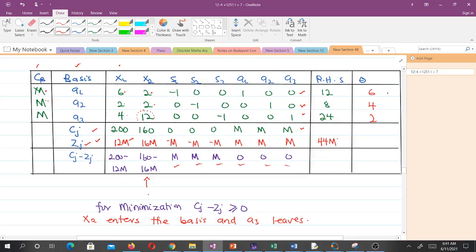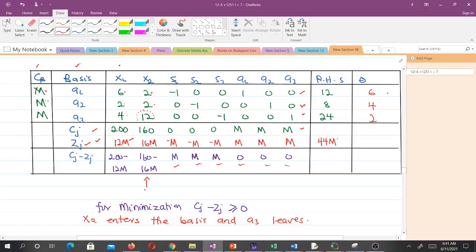So most of the time, what we do is that we eliminate the more negative one, and you can see that since M is a very big number, 160 minus 16M is going to be the more negative number because of the 16M here. So 16M will be bigger than 12M, and you're subtracting it from 160. So you're going to get a more negative number than 200 minus 12M, alright?